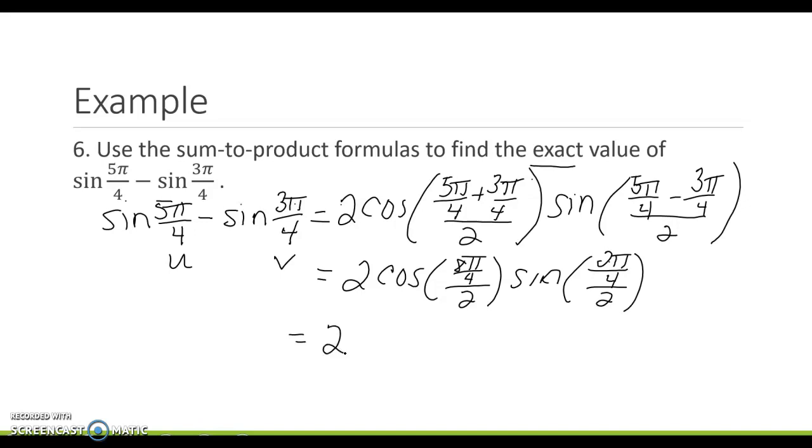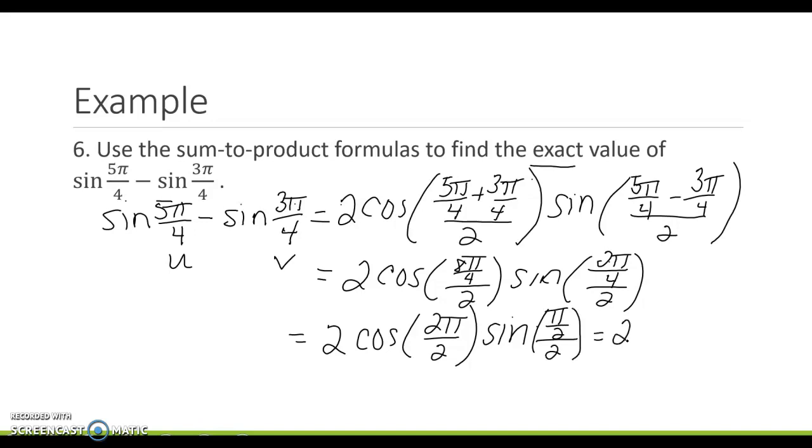Continuing to simplify. So 8 pi over 4 is the same as 2 pi over 2. 2 pi over 4 is the same as pi over 2, still divided by 2. And so that will simplify to 2 cosine of pi and sine of pi over 4. So pi over 2 divided by 2 is pi over 4.